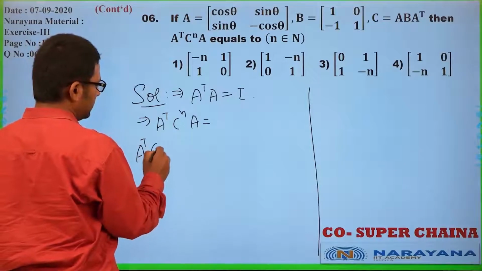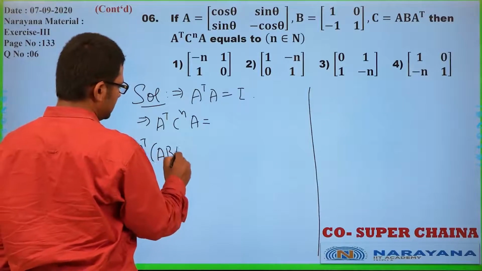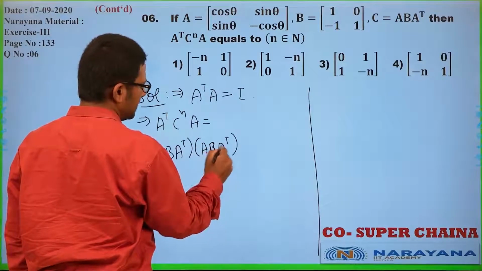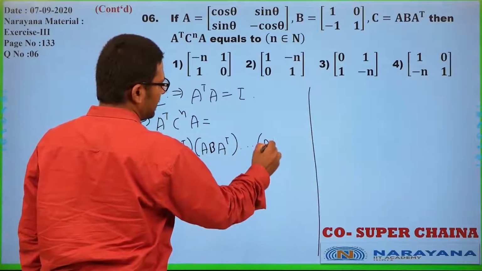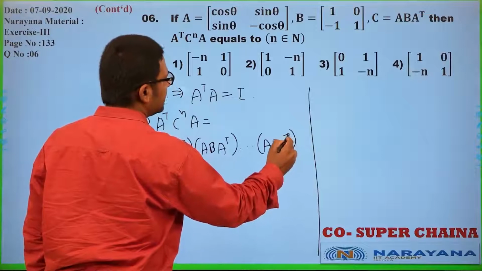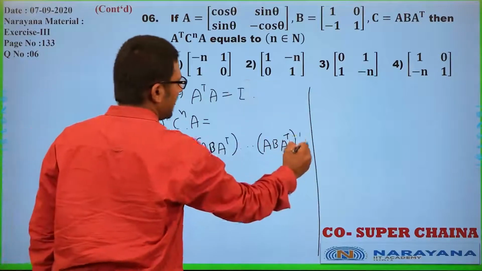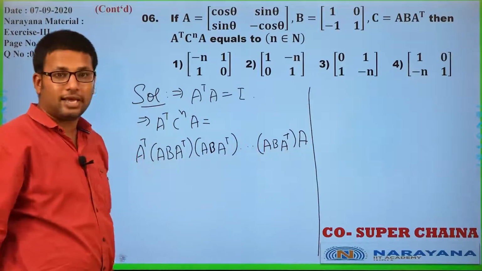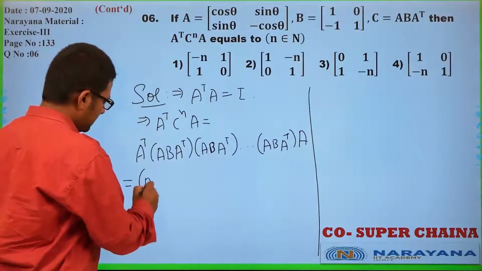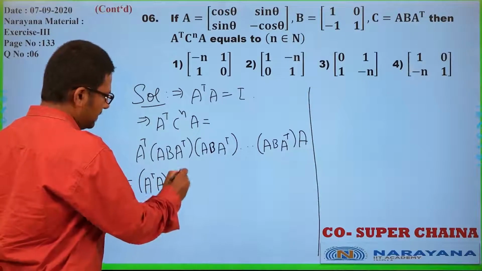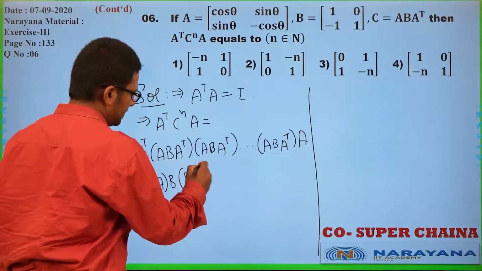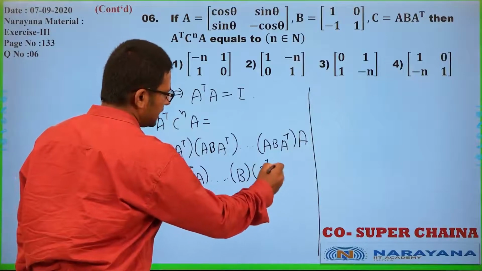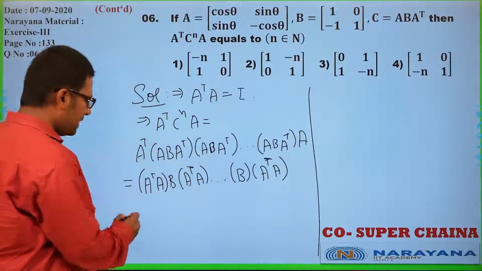A transpose into B into A transpose A into B, and so on, and in the end we have an A. Once again you see A transpose A everywhere, right?